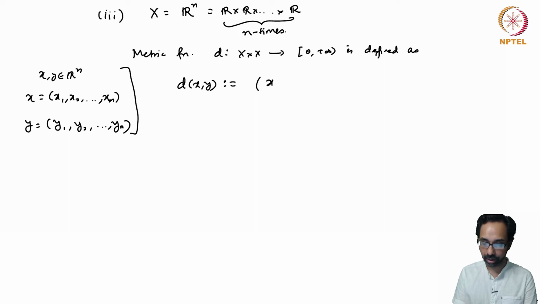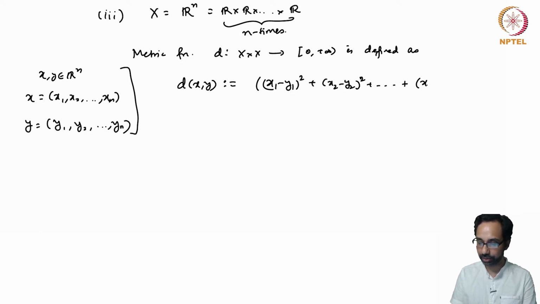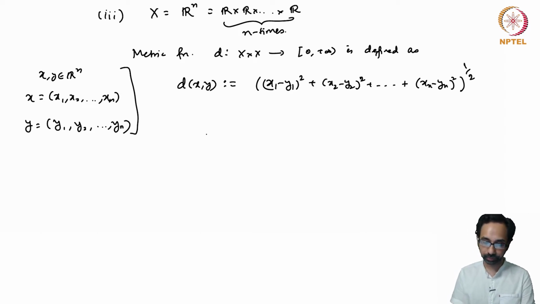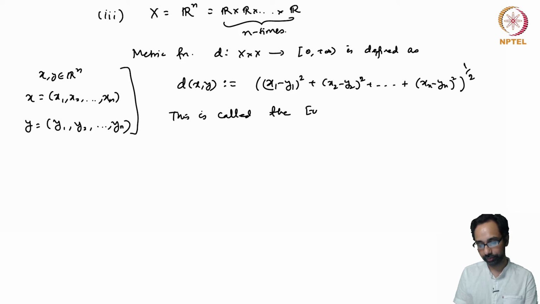So this is (x1 minus y1) whole squared plus (x2 minus y2) whole squared plus up to (xn minus yn) whole squared, and the entire thing is under the square root. So this is called the Euclidean distance function or Euclidean metric on R^n.